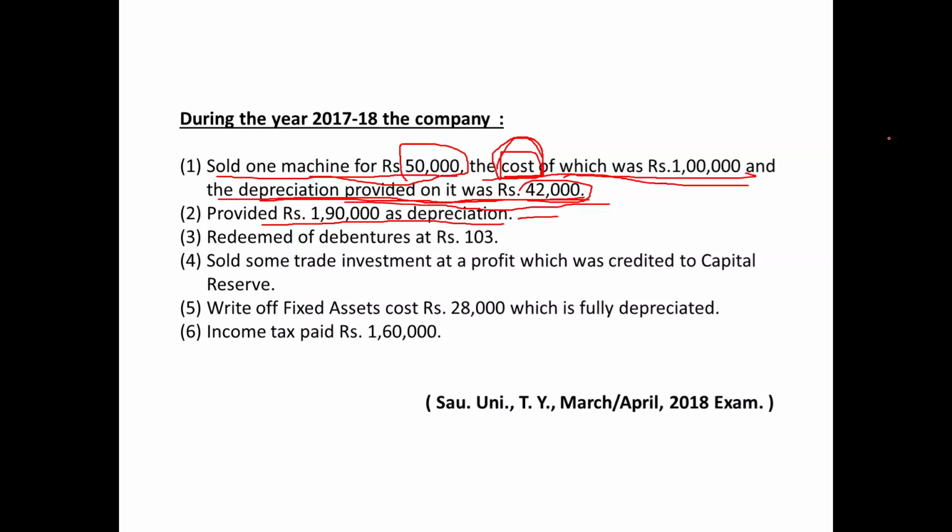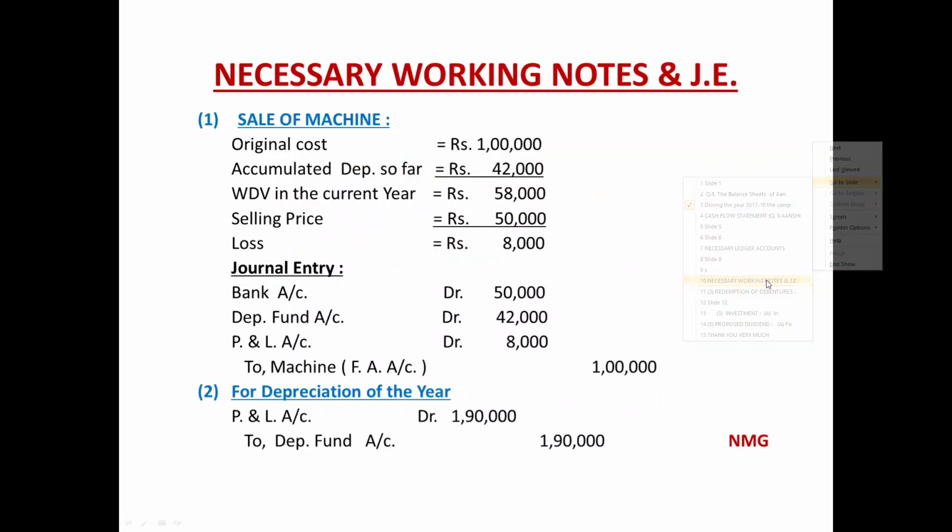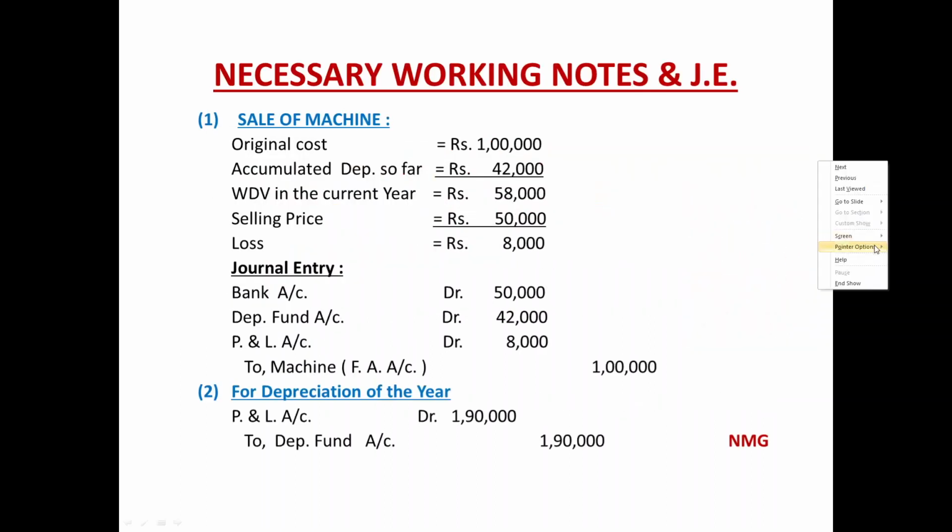Okay, let us prepare a working note for this sale of machine fixed assets and a working note also to calculate all the calculations related with this point. So working note number 1, have a look. Working note number 1, sale of machine.